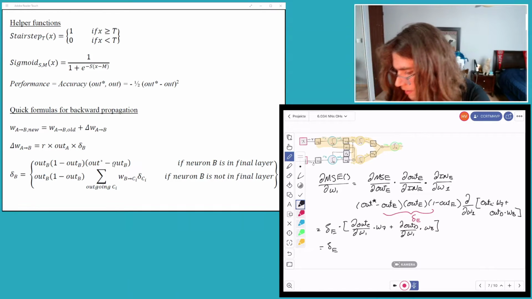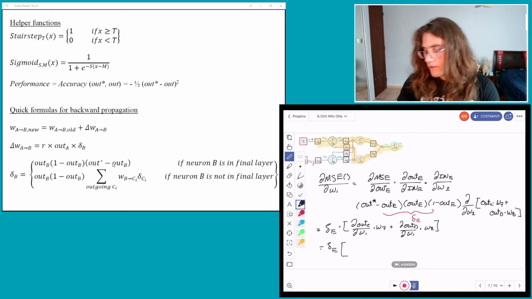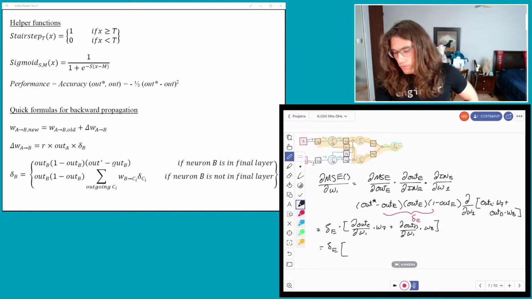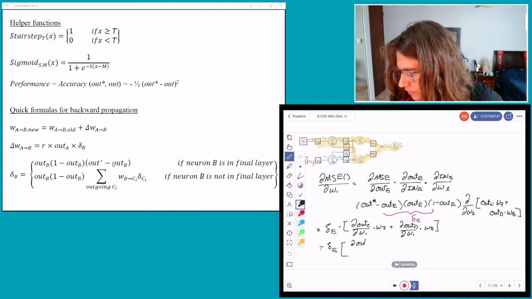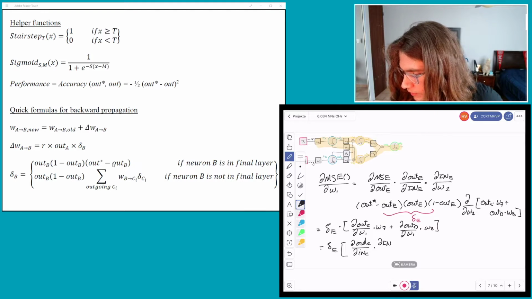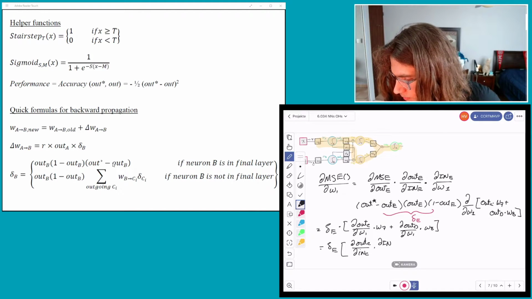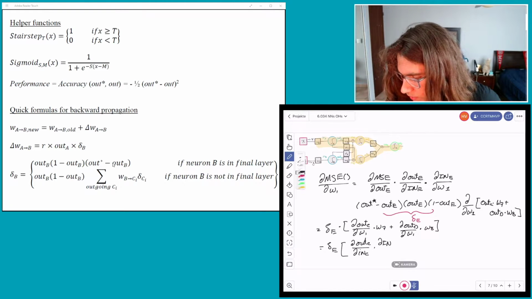Delta E, and then this in turn turns into the partial derivative of out C with respect to the partial derivative of in C times the partial derivative of, well, I'm going to move this w7 to the beginning so that it doesn't get lost.